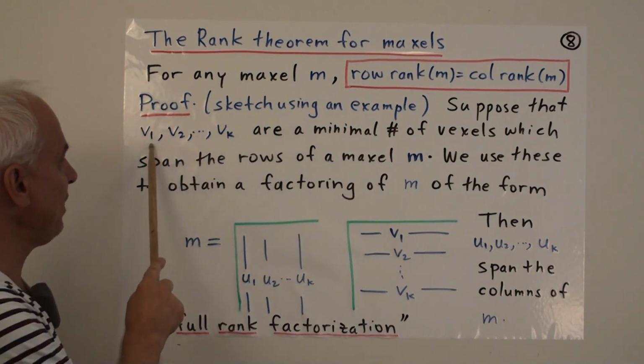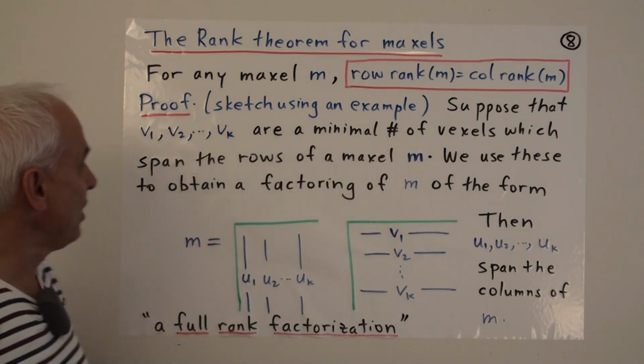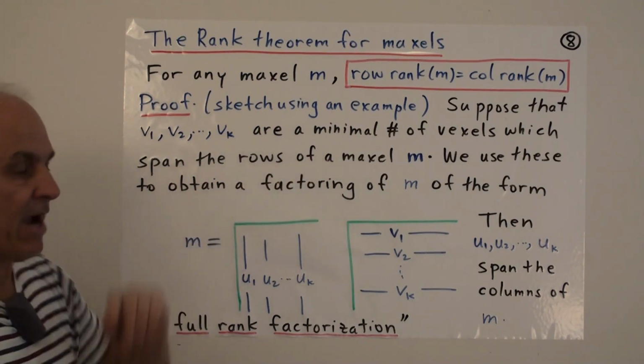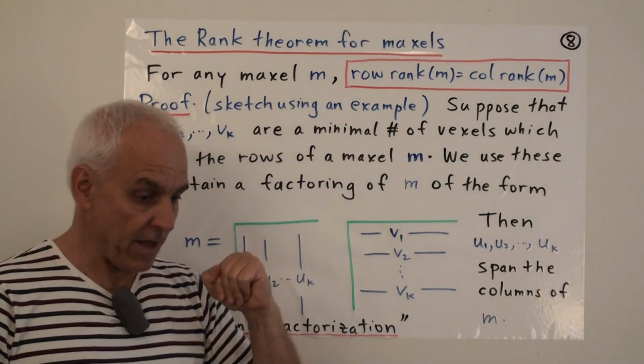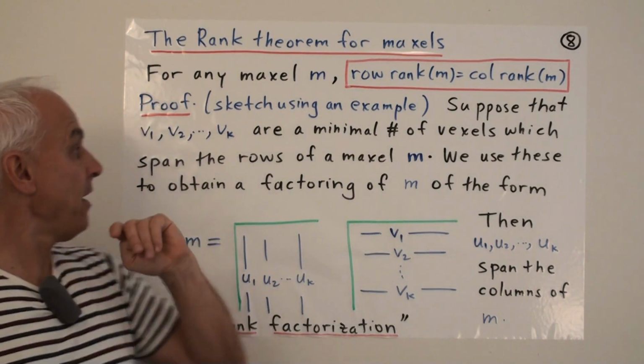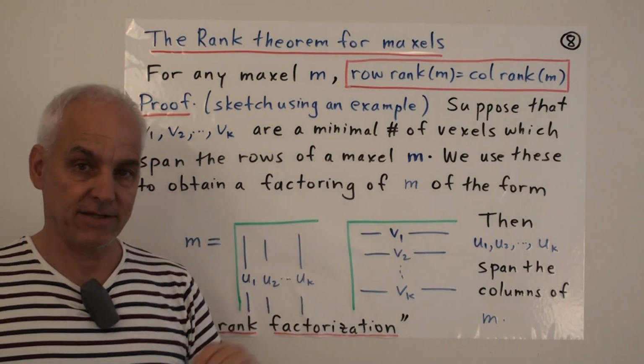So suppose that v1, v2 up to vk are a minimal number of vexels which span the rows of a maxil m. So we're given a maxil m, and we found one way or another k vexels v1 through vk which span the rows of this maxil m.